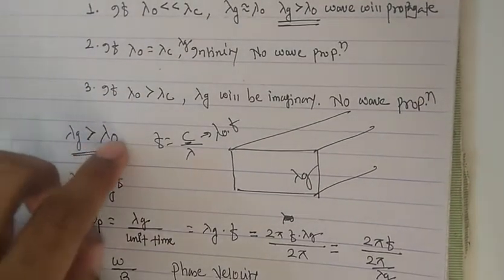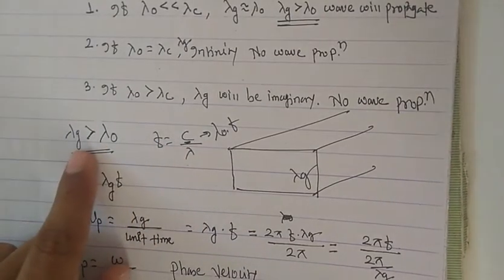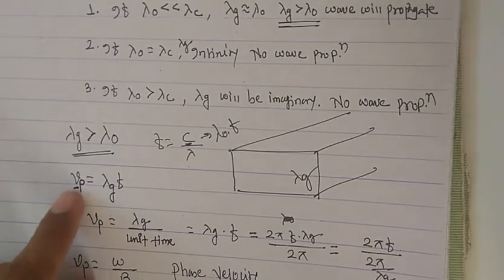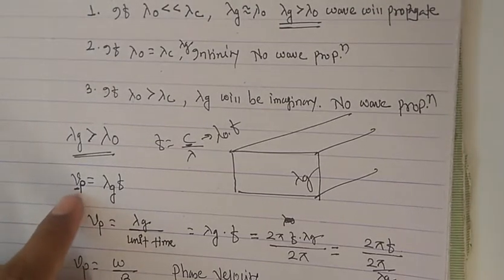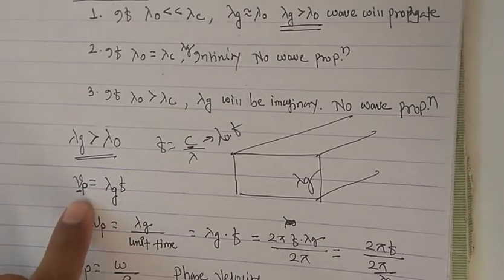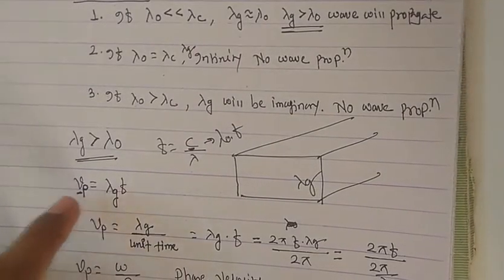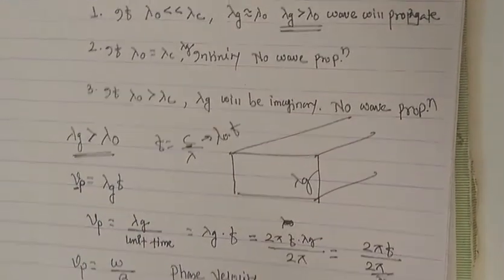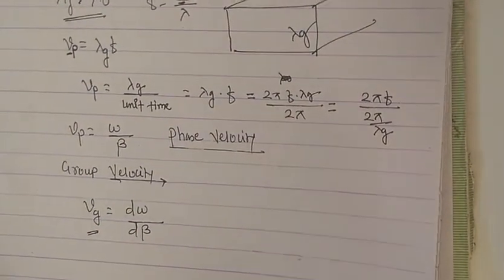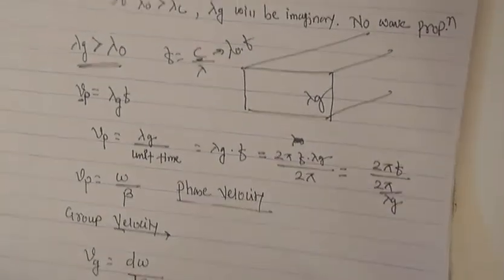But this is a contradiction, because since lambda g is greater than lambda 0, nothing will travel with this velocity. So let us call this some phase velocity. It is not the velocity of the signal traveling through a waveguide, rather it is the velocity of the phase of that signal. And this is the velocity with which the wave is traveling, that is d omega by d beta, the change in omega with respect to the change in beta.